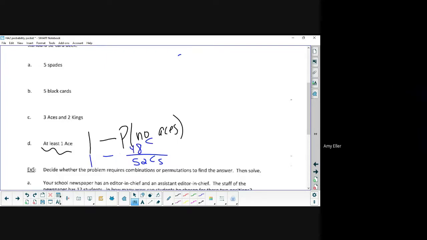How many do I have to select? 5. There are 48 that aren't aces, and I'm trying to figure out how many different ways I can pick 5 of those. I think that would be easier than doing it the other way, but you can decide.